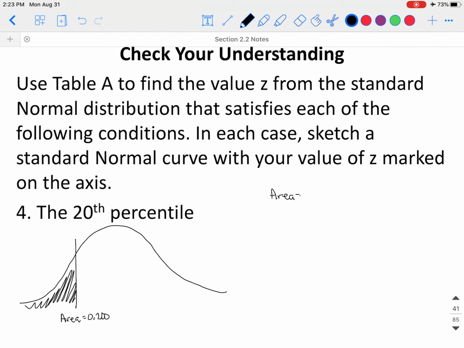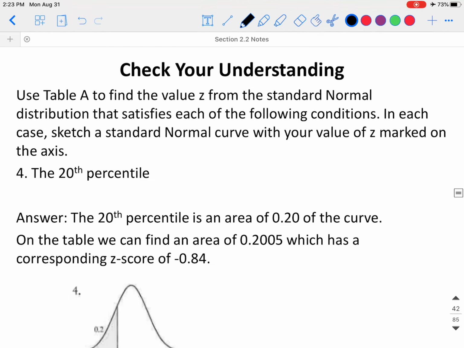And the area on your table that is closest to that is 0.2005. Now, if you work your way over to the left side and up to the top to find the z-score that corresponds to that, you are going to get a z-score of negative 0.84. So the z value that would be the 20th percentile would be z equals negative 0.84.